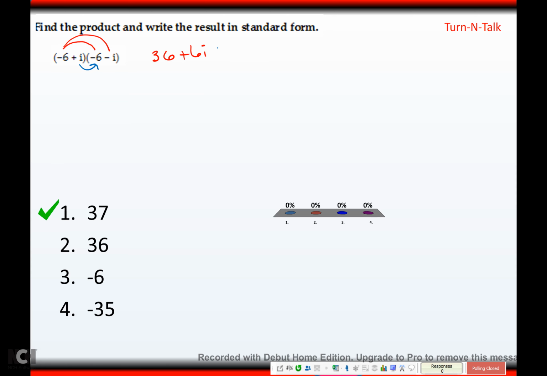Positive i times -6 is -6i, and positive i times -i is -i squared. When I go to combine like terms and change i squared, my i's actually cancel out, and I get 36 minus a -1, which gives me 36 plus 1, which gives me 37.